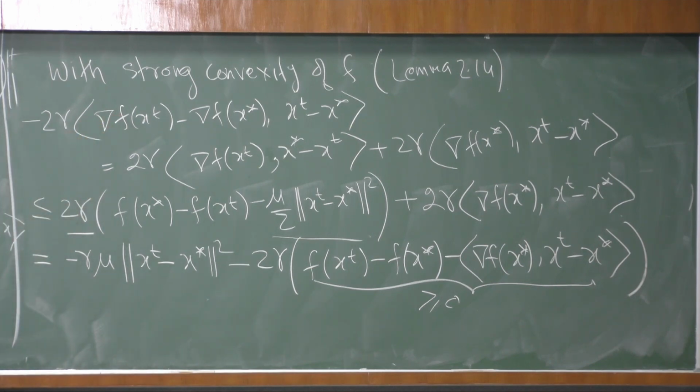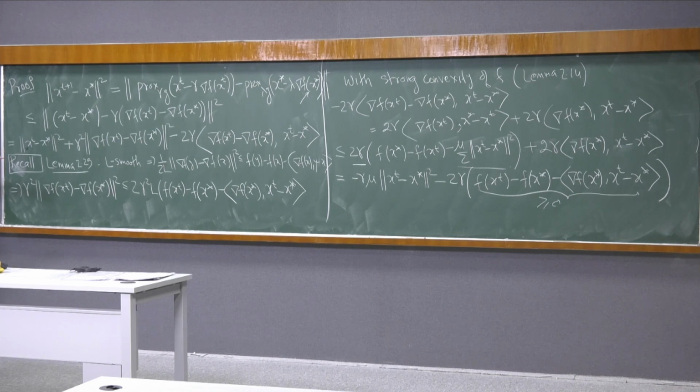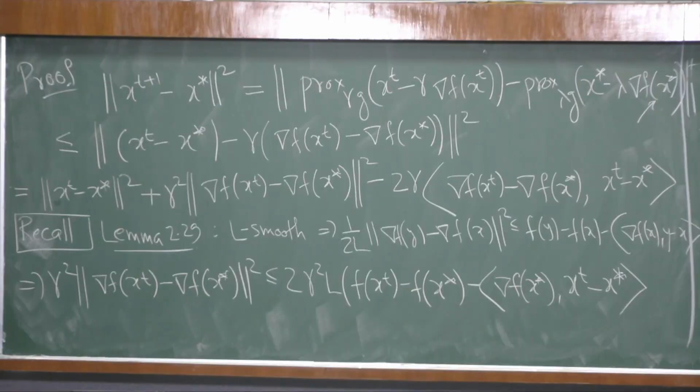Okay, so just to conclude, we had looked at one term, right? I think we started from here, and then we looked at the second term, grad f xt, and then the third term. But actually the second term is also there, so it's not just that. This is also something we have to look at.